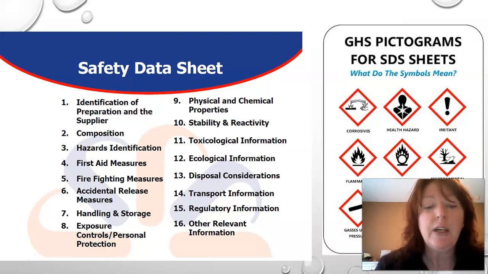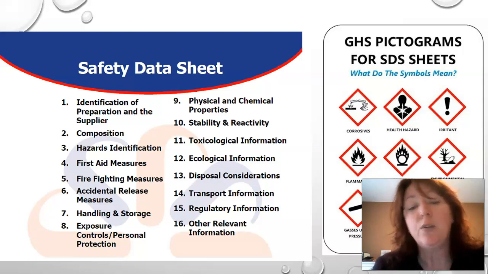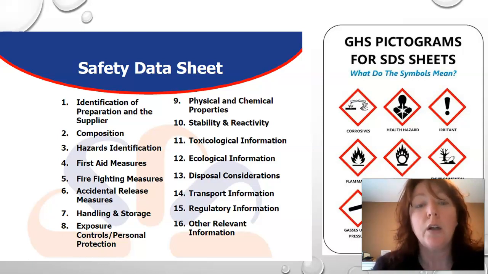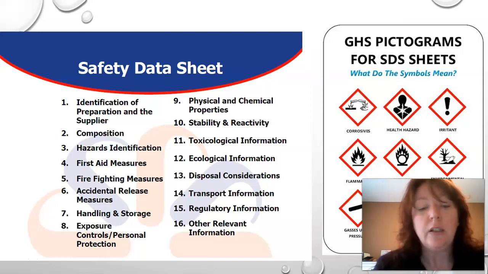Transport information, again, how you are allowed to transport the product or chemical. Can you go by car? Can you go by train? Can you go by airplane? Regulatory information, meaning that there are some places where you are not able to use this product, or some people that are not allowed to use this product.